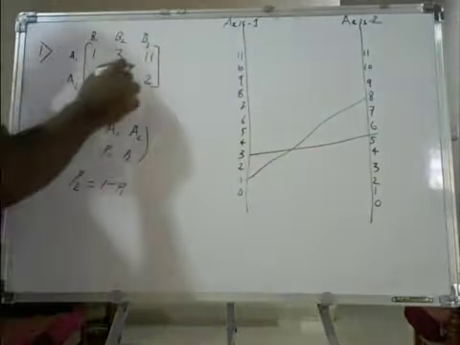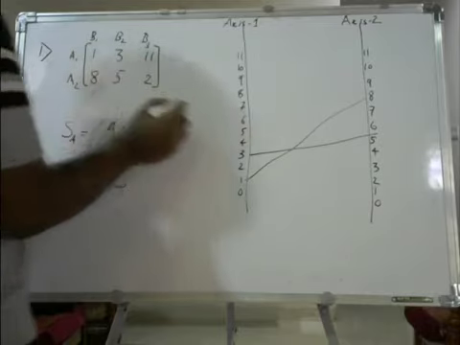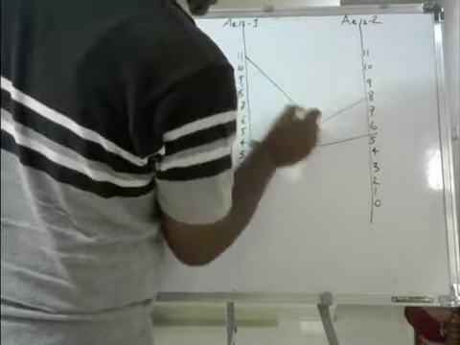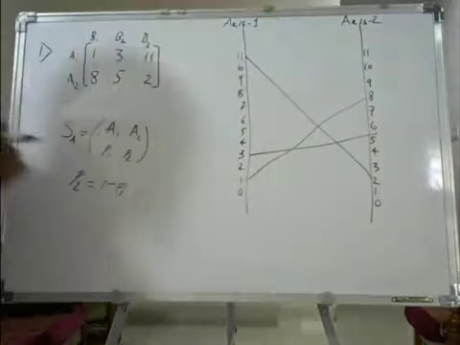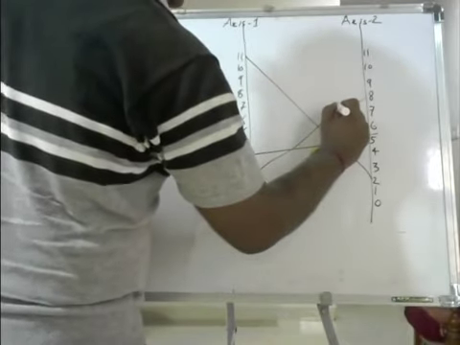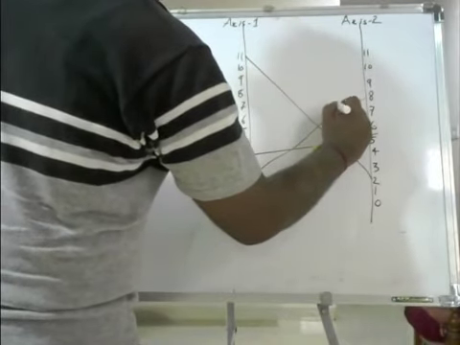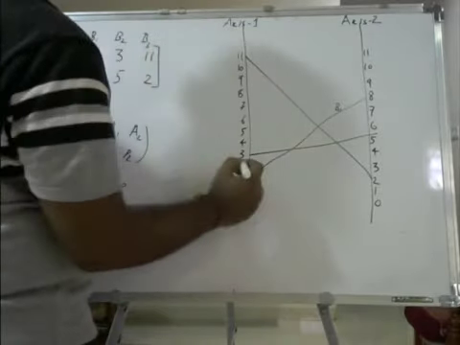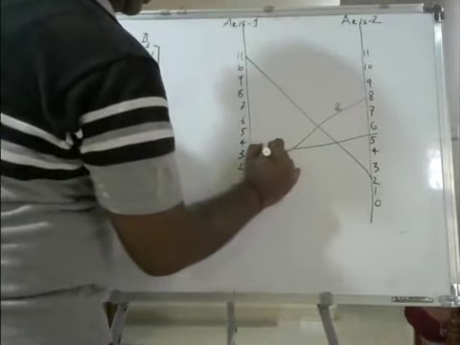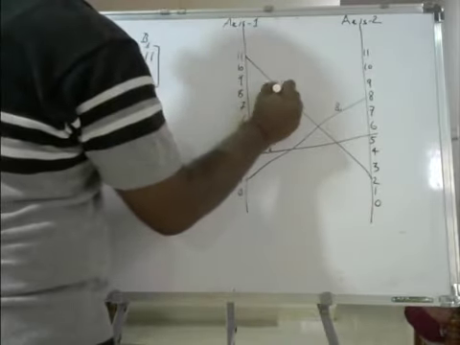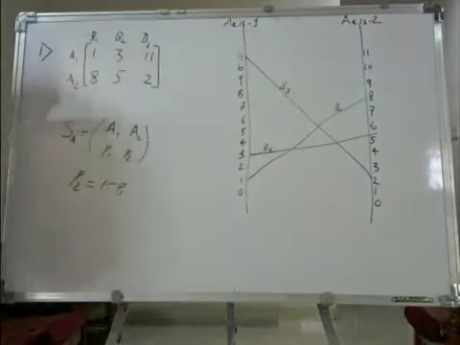Then from 11 to 2, so this is 11 and I draw a line till 2. So you have drawn the lines. The first line, 1 and 8, is the B1 equation. Then 3 to 5 is B2, and the last one is B3.